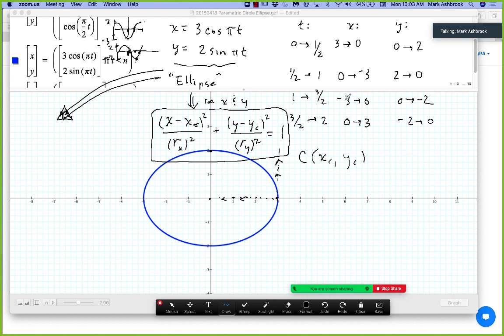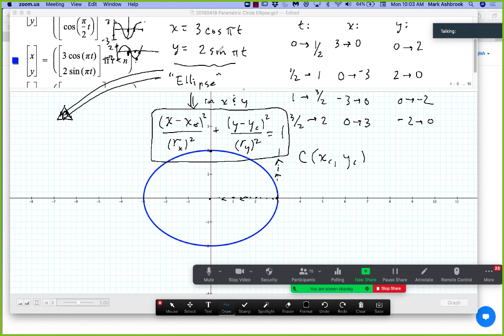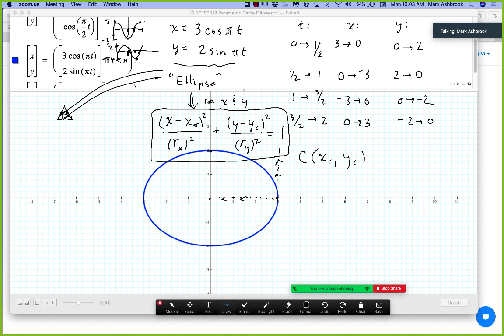That's that key link between parametric functions of cosine and sine. Is it the Pythagorean identity? Yeah, the Pythagorean identity. But this time we want to write it with the argument being pi t, because that's our argument. So what would that be?